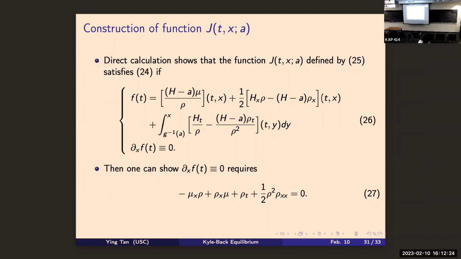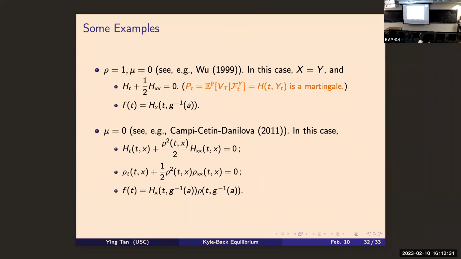And the last point I want to make is this compatibility condition is not that new, because it is indeed the generalized version of the compatibility conditions in others' work. For example, in the work of Campbell and Trading techniques, they require their H to satisfy this PDE, and this is the compatibility condition for rho because their mu is 0.